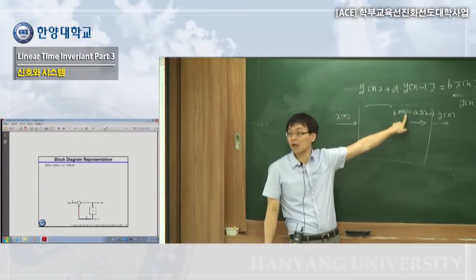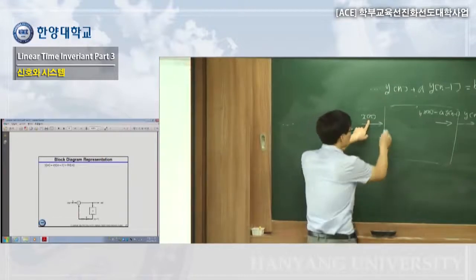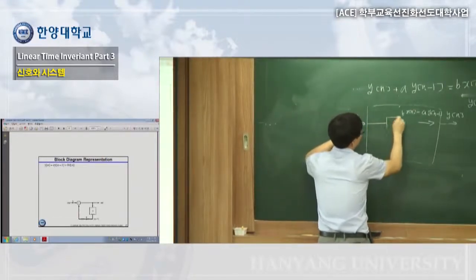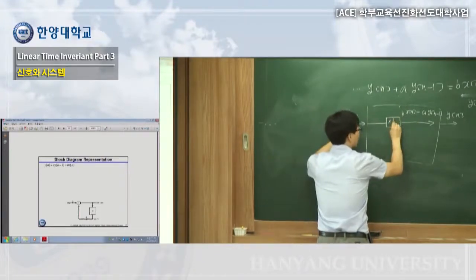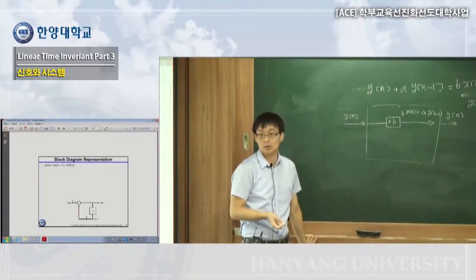First one, where can we have it? We have this, right? So we simply extend the line and put a multiplication by b. That's one way you can do it.